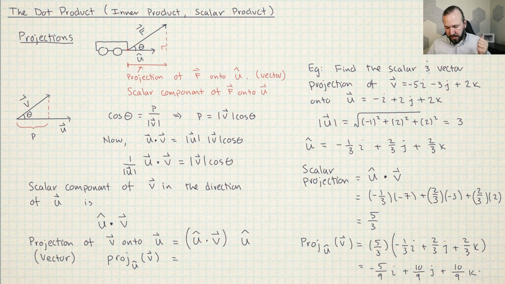So I got -5/9 i plus 10/9 j plus 10/9 k, and there we've done it. That is how awesome the dot product is. It lets us solve this physics problem.